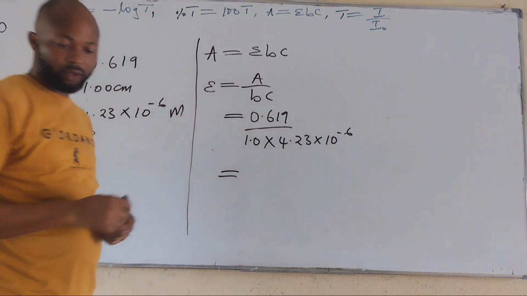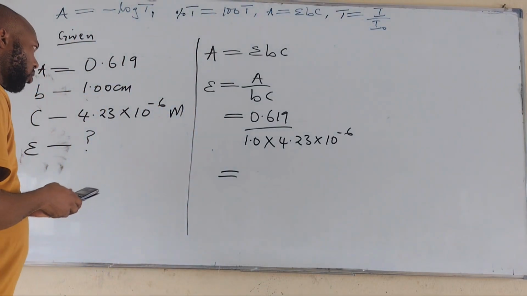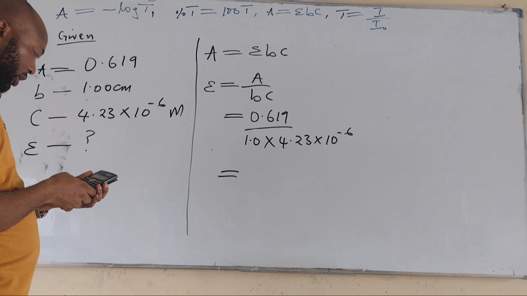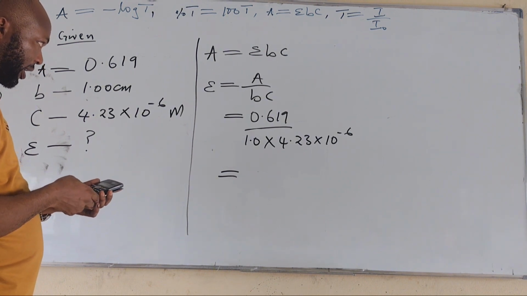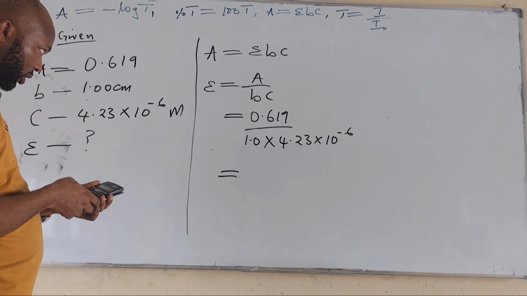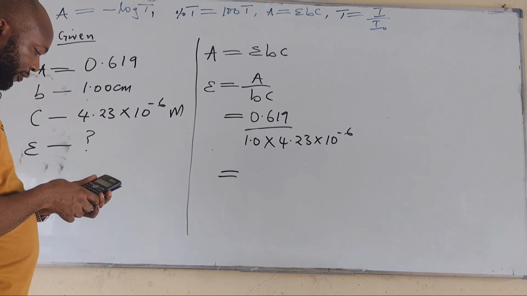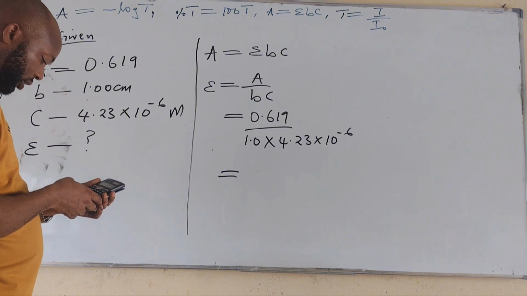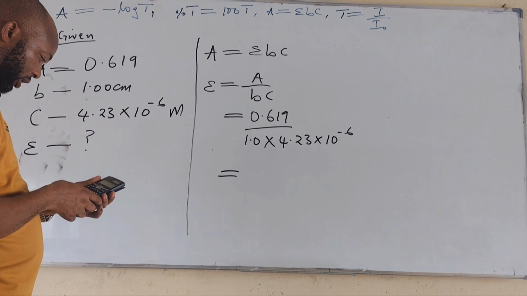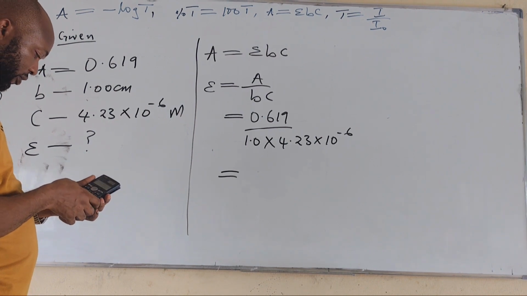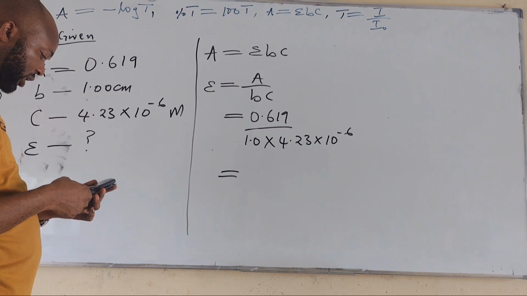let's see what we got. 0.619 divided by 1 times 4.23 times 10 raised to the power of minus 6 is equal to 146.